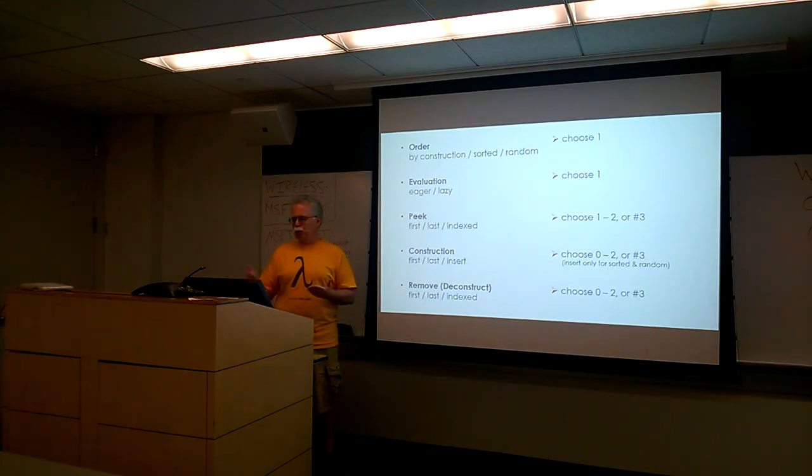Your order could be sorted, or it could be random. I haven't actually seen anything random, but I've imagined linear data structures that could implement randomness. So the construction is either how it was originally constructed or all the elements that get added to it as you grow the structure.